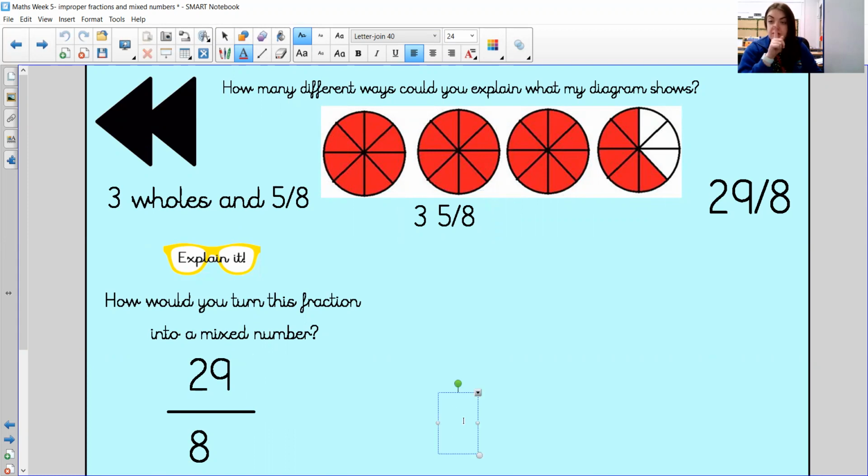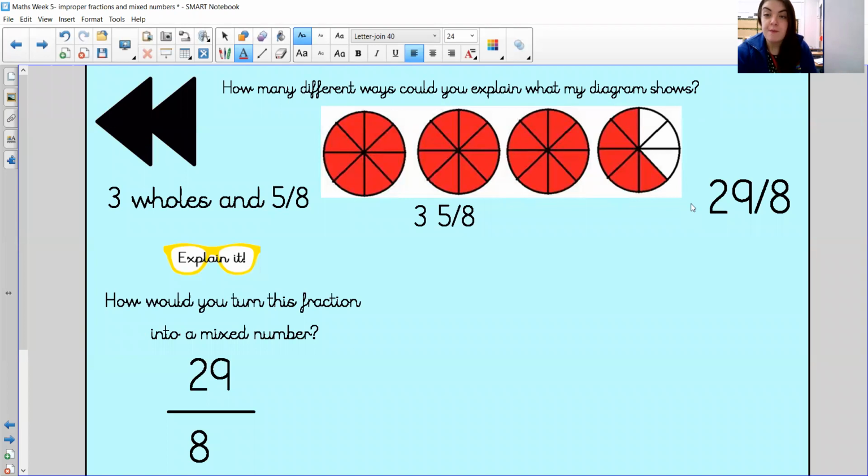So have a little rewind, go back to your definitions in your books. Improper fraction is your numerator is greater than your denominator. Mixed number is what? Have a little think, can you remember? Have a rewind back. Okay, so I want you just to think, what are the steps that I would have to do to turn this fraction into a mixed number?